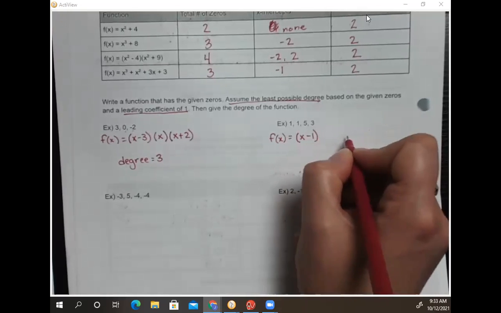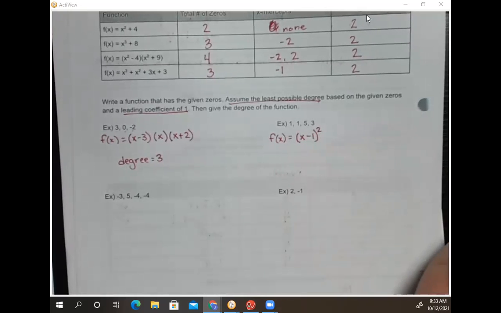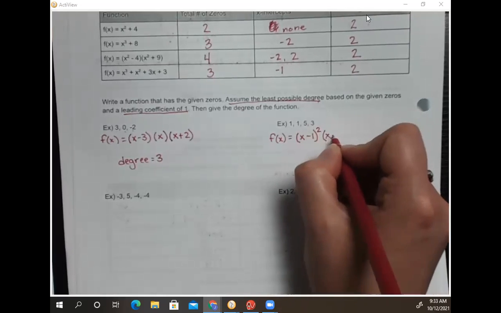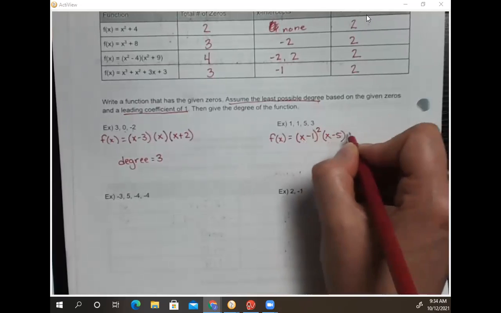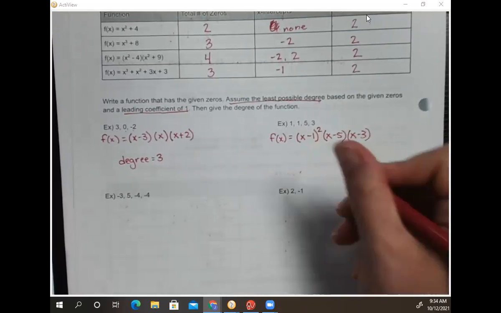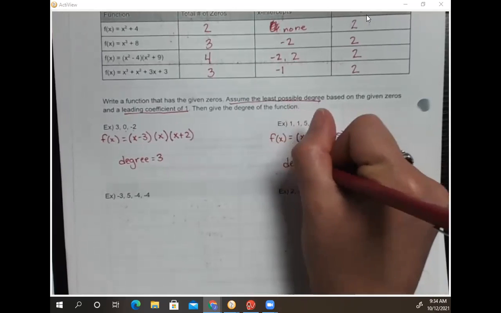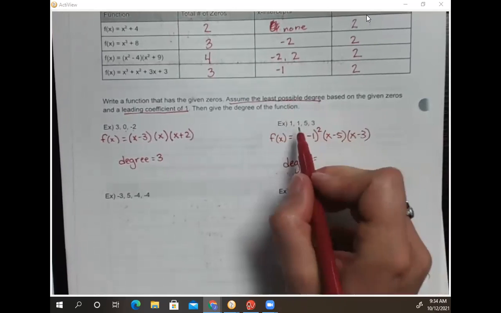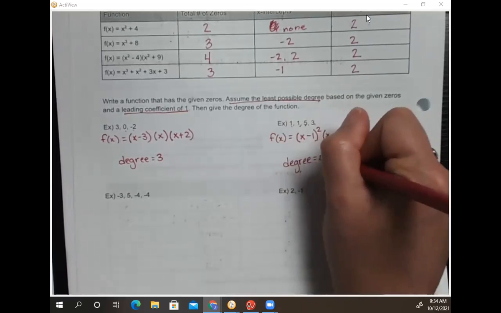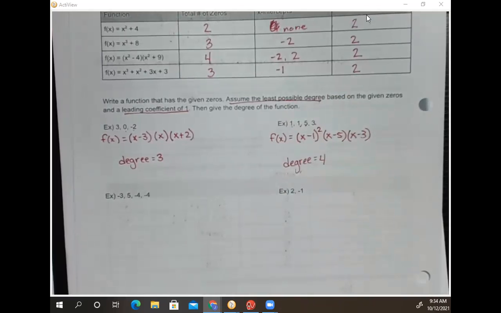I would write the same factor again, so I can just square this one. And then I've got 5, so that had to be x minus 5. And then I've got 3, so that had to be x minus 3. What's the degree here? 4. 1, 2, 3, 4. I want you to try the last 2.